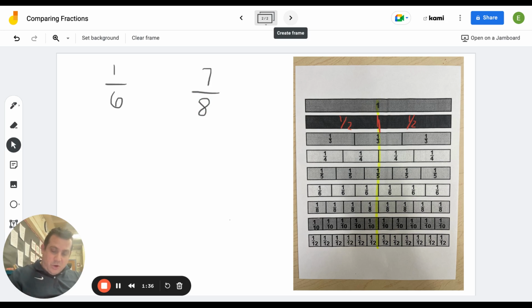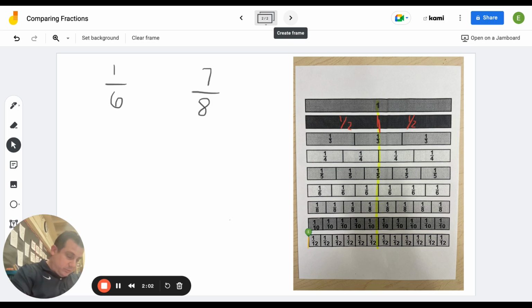Well, we could start with the 1/6. You look here, all I'm shading is one piece. So one piece is being shaded out of how many in the whole? 1, 2, 3, 4, 5, 6. And you'll notice not much is shaded.